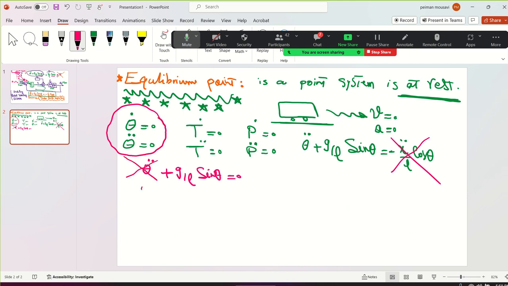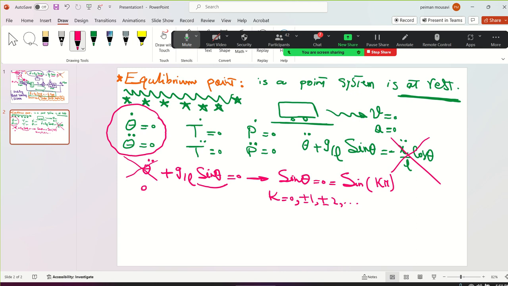Bye bye, zero. So you get sine of theta is zero. And you know from trigonometry that theta is k pi, where k is 0, plus or minus 1, plus or minus 2, and so on.